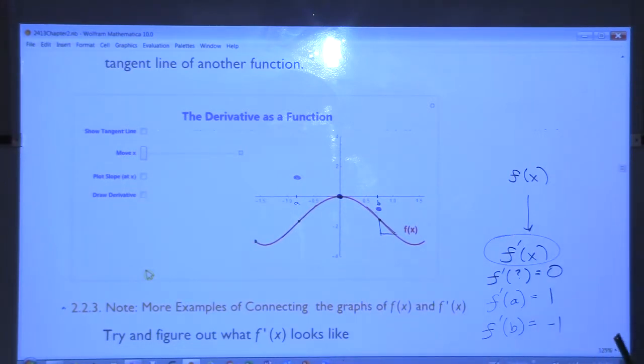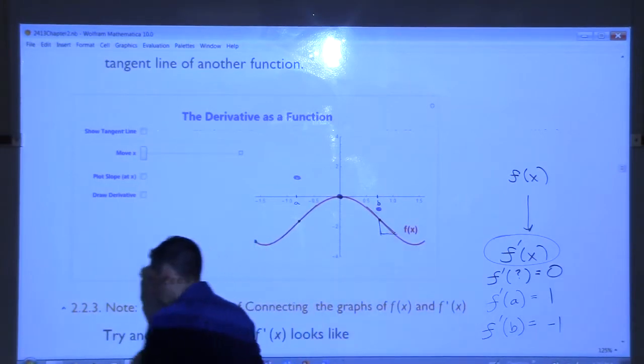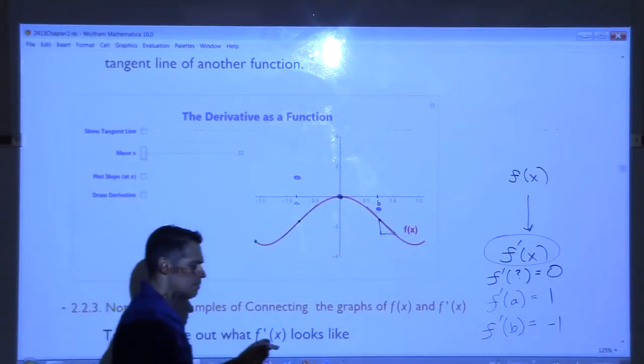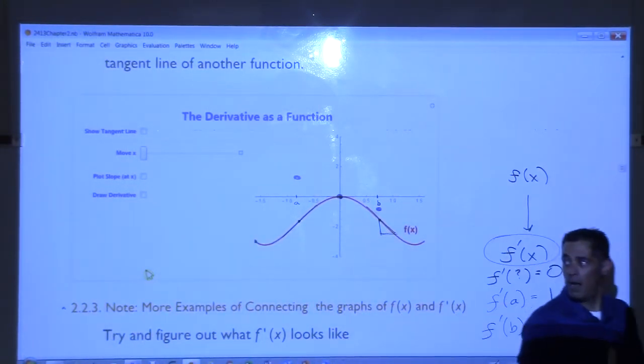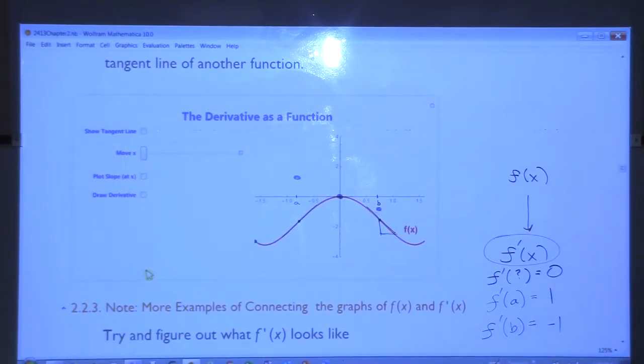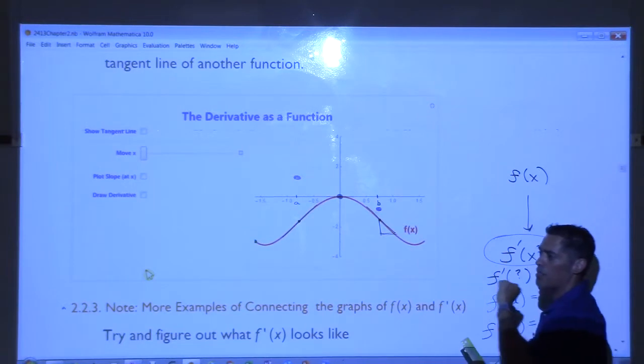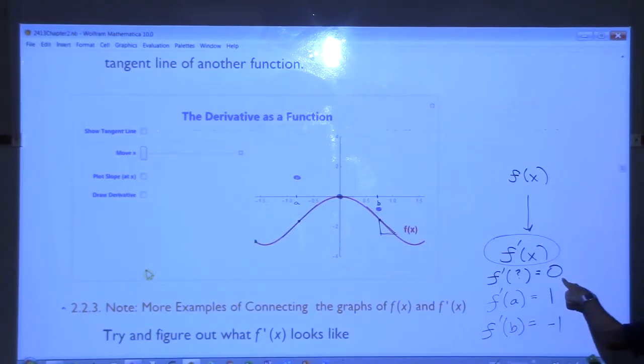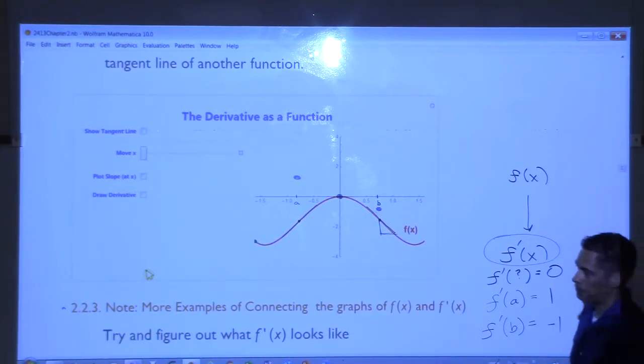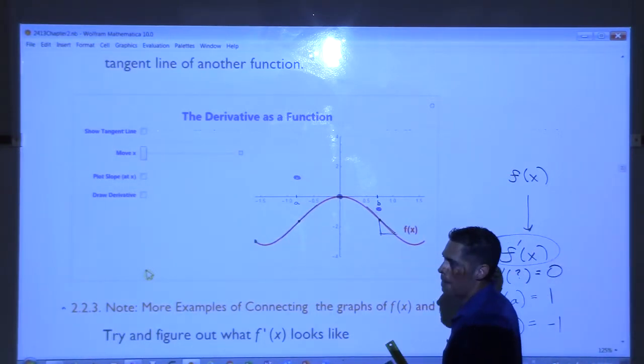Yes? Okay. Let's see. Ian? Ian, okay. All right, Ian, can you tell me anywhere else on this graph where the slope of the tangent line would be 0? Let's say down at the bottom.